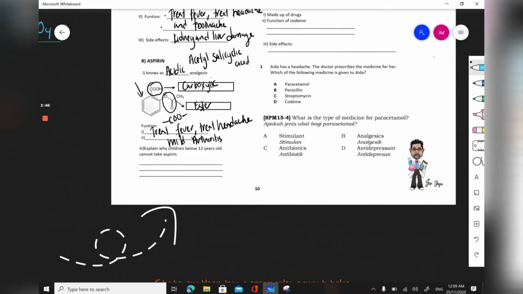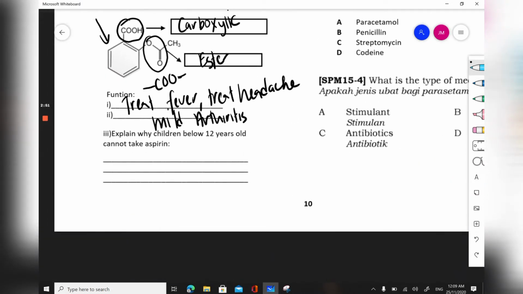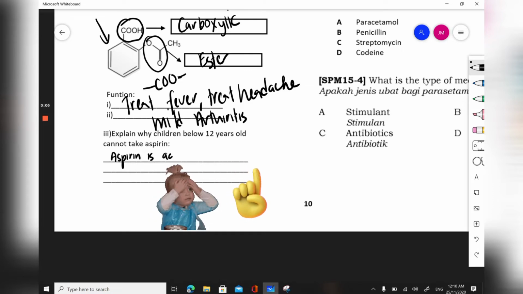Why can children below 12 years old not take aspirin? Because aspirin is an acidic analgesic.